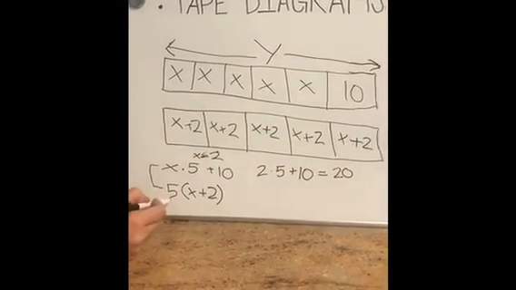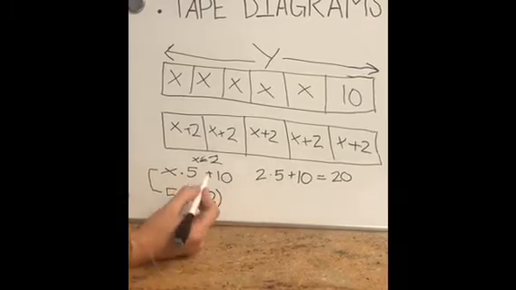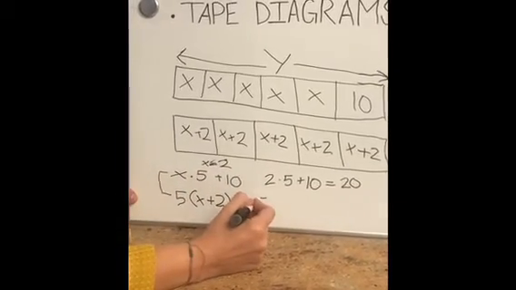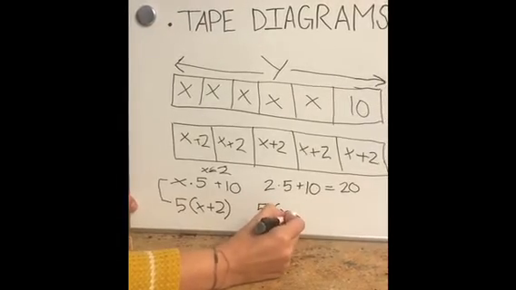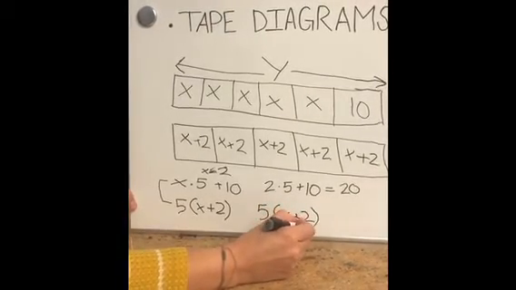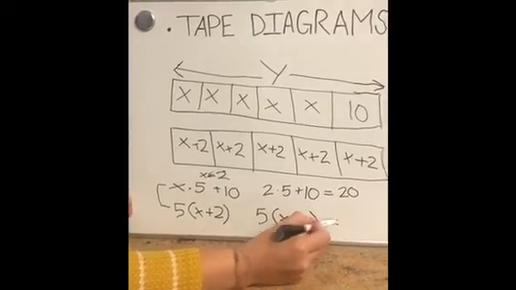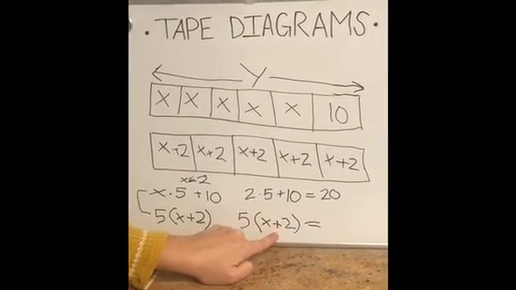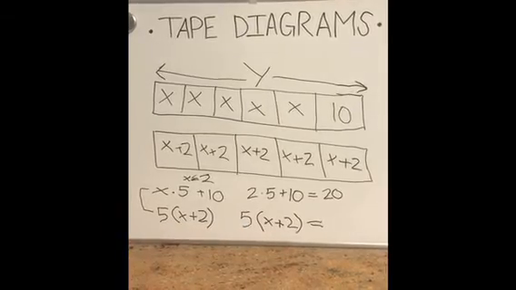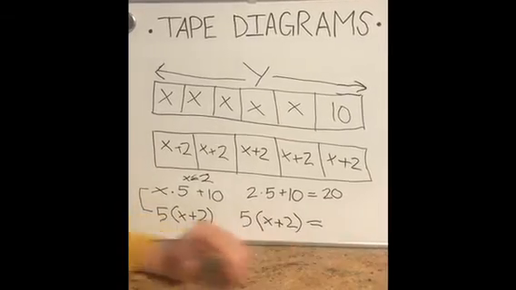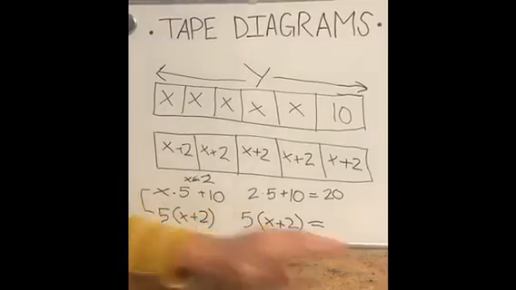If I want to take the second equation, I'm going to use x equals 2 again and do 5 times x plus 2. Remember, again, order of operations. We've got PEMDAS: parentheses, exponents, multiplication and division from left to right, addition and subtraction from left to right.